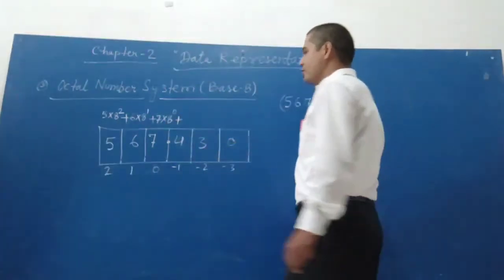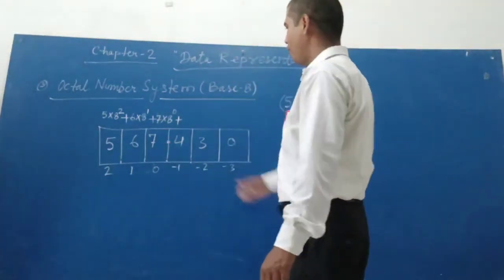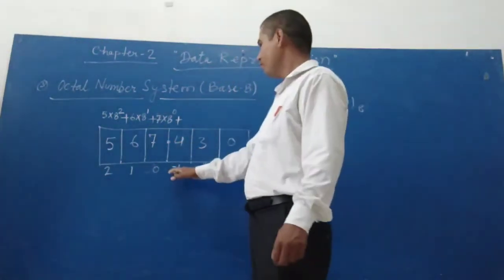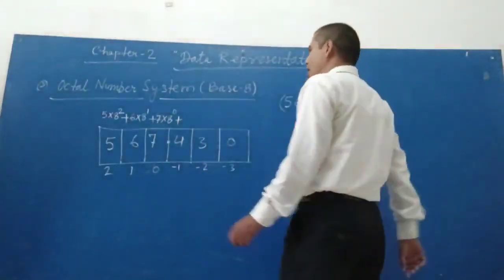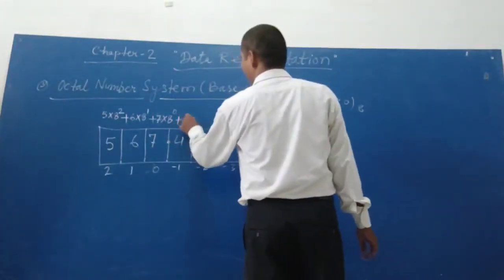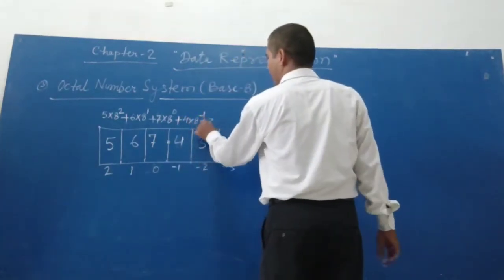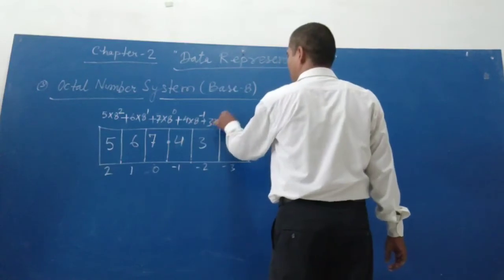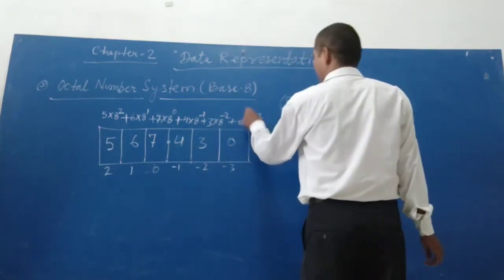The next digit is 4, after the decimal point, where we start -1, -2, -3 as positional values. So we write 4 into 8 to the power -1 plus 3 into 8 to the power -2 plus 0 into 8 to the power -3.